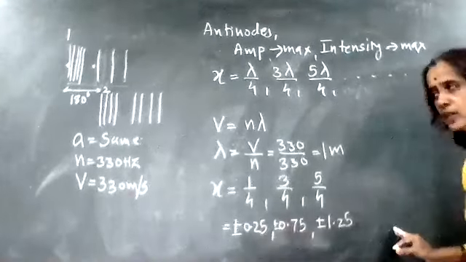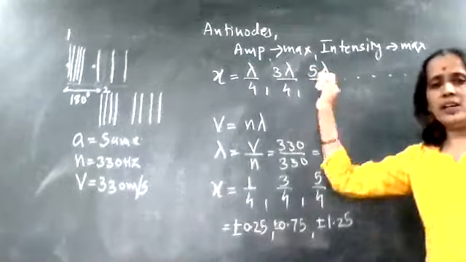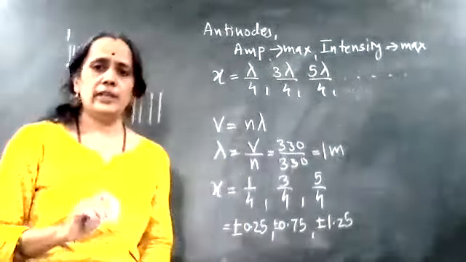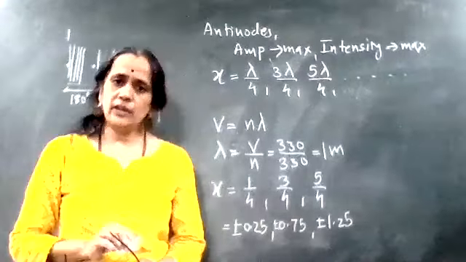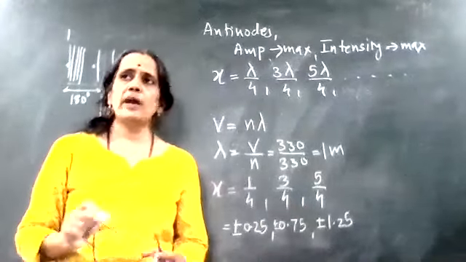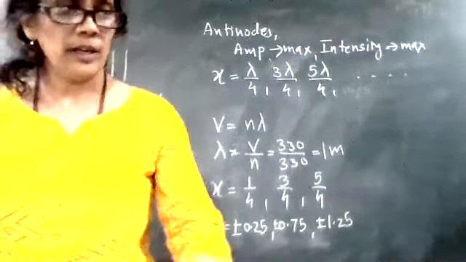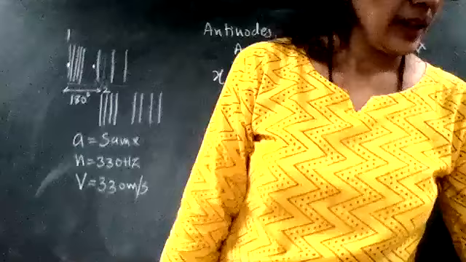At these locations I will get the antinode, where the amplitude is maximum, and the sound intensity is also maximum. Got it? Any doubt up till this? Everything is clear?